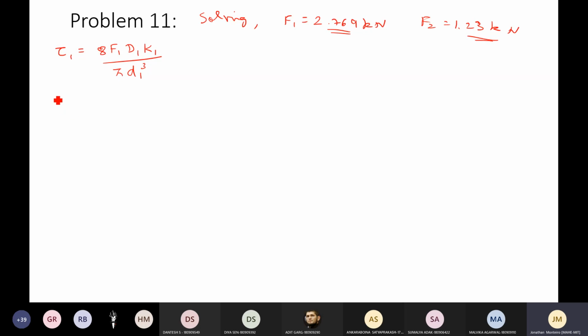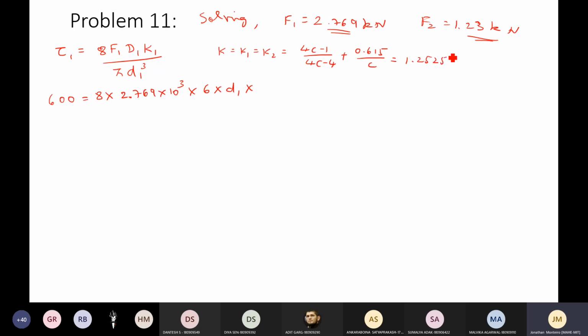So tau 1, you know it as 600, must be equal to 8 times F1, which is 2.769 times 10 raised to 3, multiplied by 6 times D1. So keep it as it is. K1 you can immediately find out, K1 equal to K2, whatever it is, 4C minus 1 by 4C minus 4 plus 0.615 by C. So with C as 6, it will come around 1.2525.